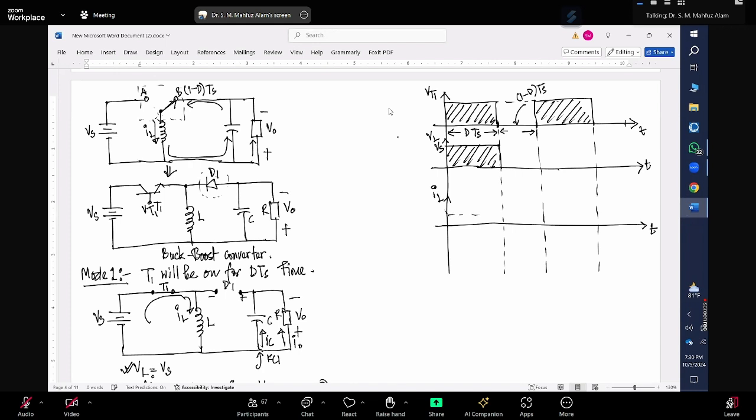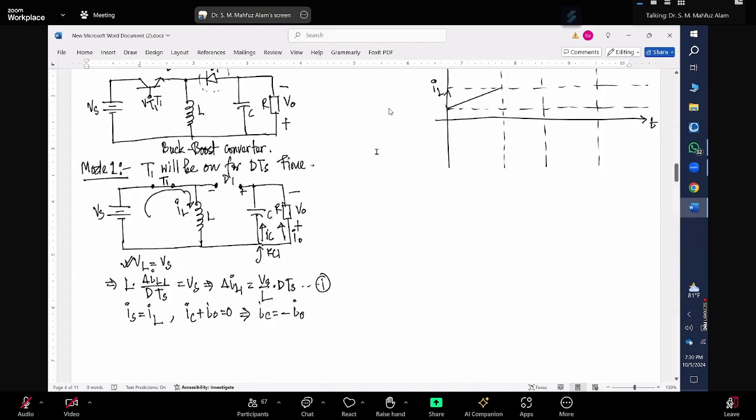So I choose two extreme points here. The current will ramp on from one point to another.